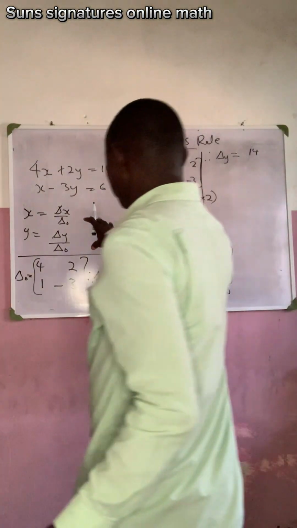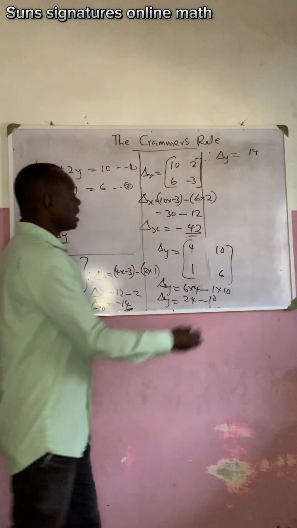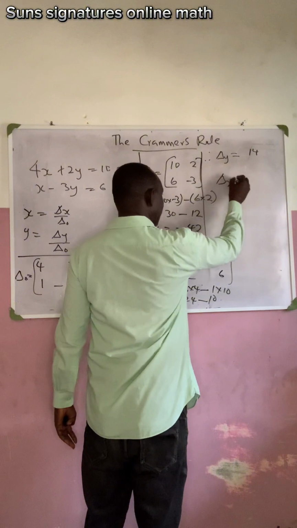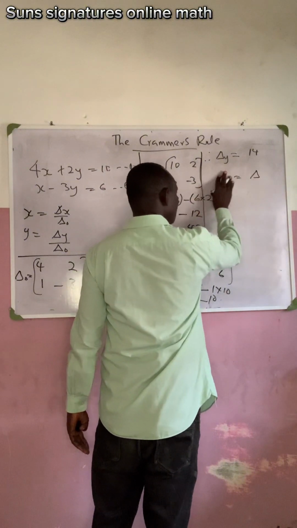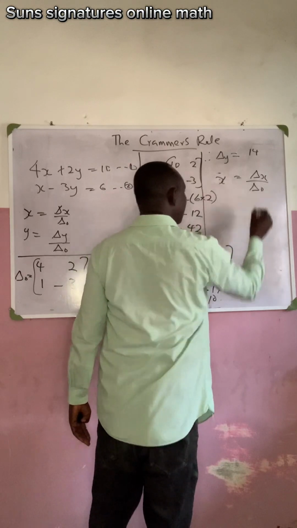Now you take this definition and get the respective values of x and y. What is the value of x? X is delta x all over delta 0.